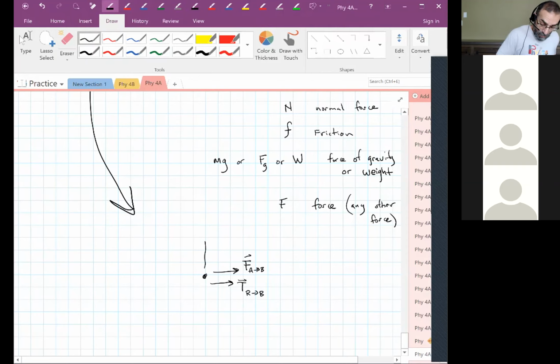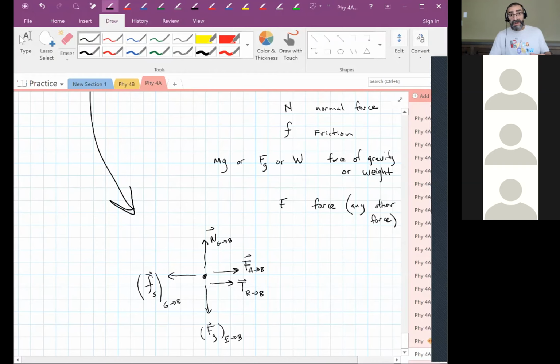We have a normal force between the ground and the block. We have a force of friction between the ground and the block. We actually have two kinds of friction we will learn soon. This is static friction between the ground and the block. And we have the force of gravity, the Earth acting on the block.